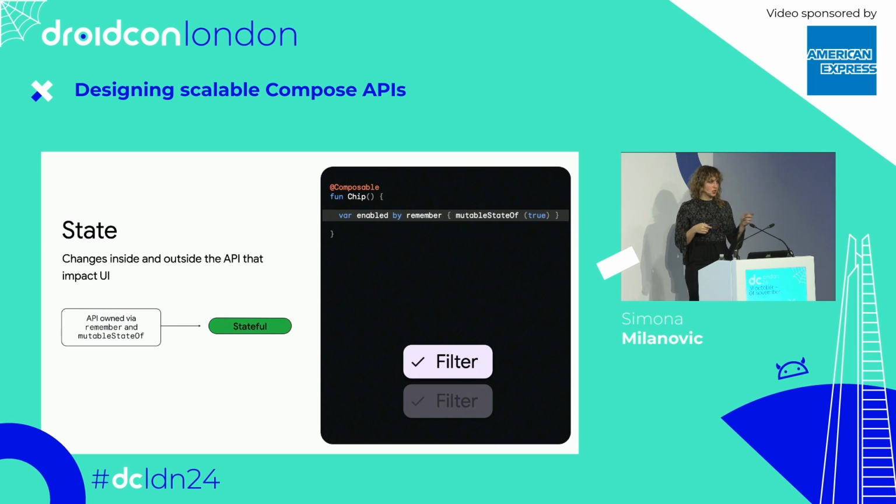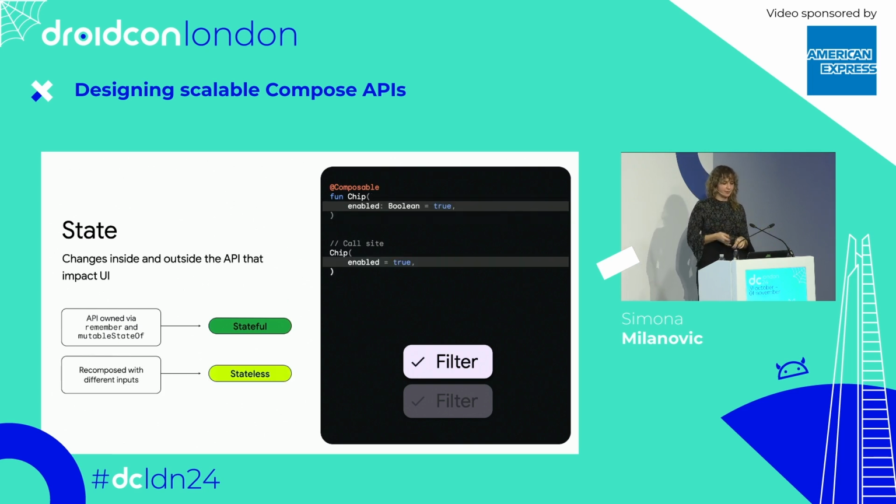Changes in composables can be handled in two ways. First one is stateful, with the composable owning and handling its own state via APIs like remember or mutableStateOf, or statelessly, where you rely on the composable being called and recomposed with different inputs and rendered in a different state.